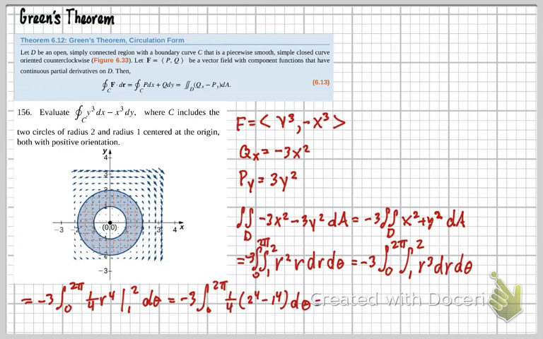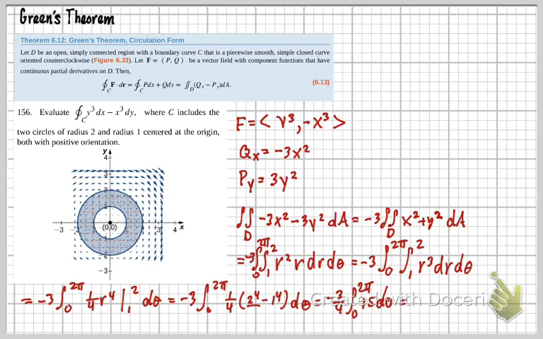I'm just going to pull this all the way out now, so that's going to be -3/4, the integral from 0 to 2 pi, and inside of there, 2 to the 4th is 16 minus 1, so that's going to be 15. So 15 d theta. Now I can pull that 15 out too if I wanted to. I'm not going to worry about it now, but it's okay. That's just going to be a -45 on the outside, which I'll probably do once I get my answer here.